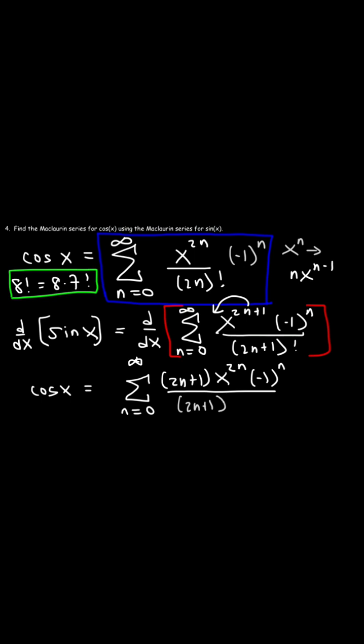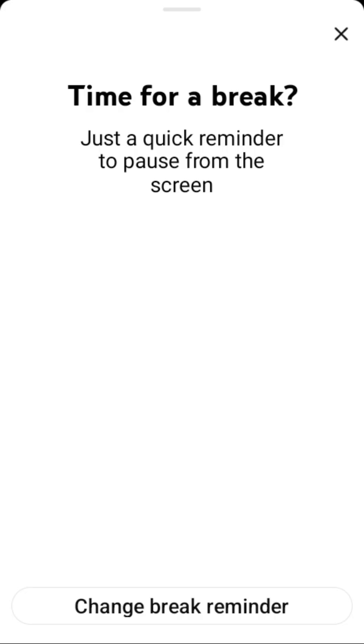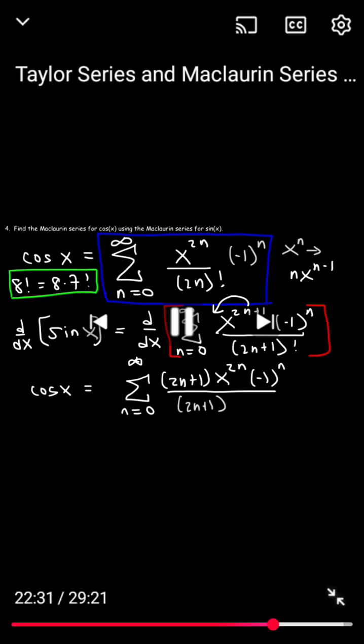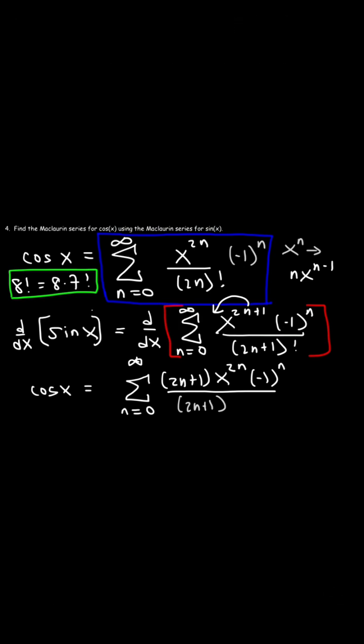And then the next number is going to be 2n plus 1 less 1. To get the 7 is just 8 minus 1. So to get the next number, it's going to be 2n plus 1 minus 1, which is 2n factorial.